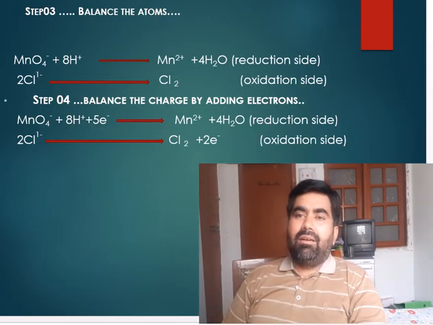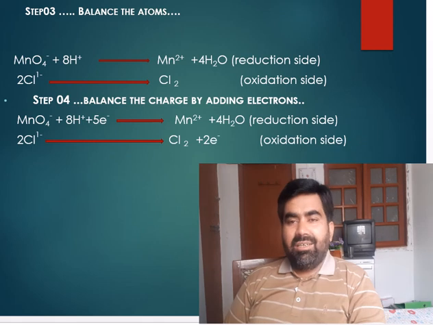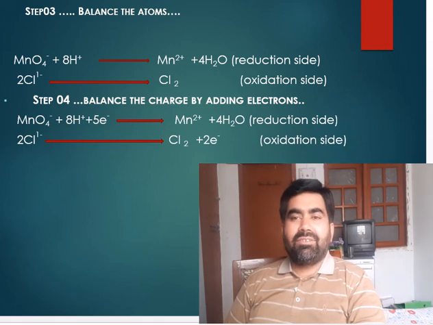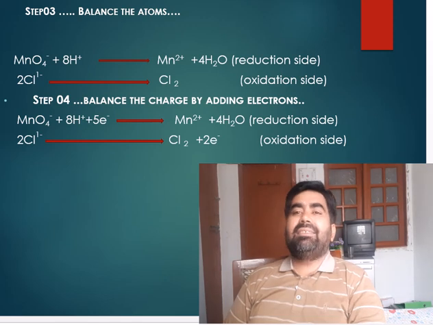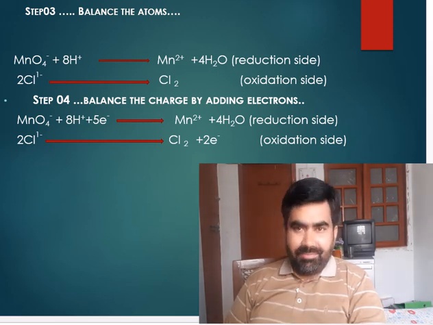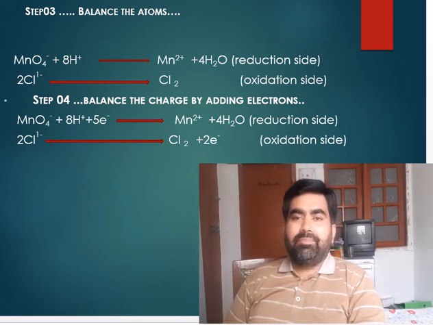Manganese oxide has 4 oxygens, and on the other side we do not have any oxygen. So we will add 4 oxygens, as water, on the manganese side, meaning the right hand side.